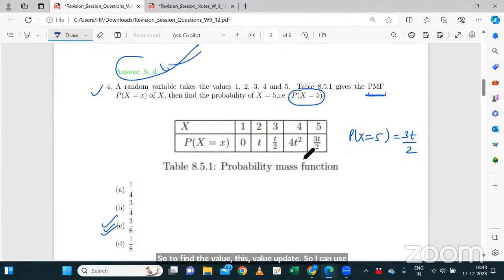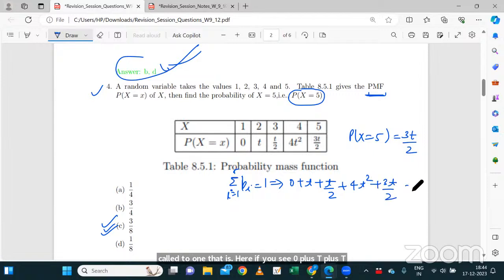And what is the property of PMF? All the probabilities should be greater than or equal to 0, and the sum of all the probabilities should be equal to 1. So here, 0 plus t by 2 plus 4t square plus 3t by 2 should be equal to 1.